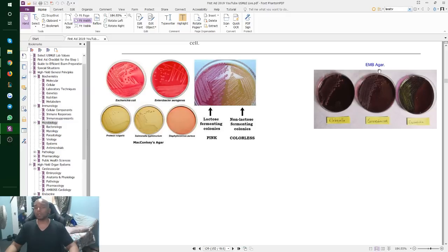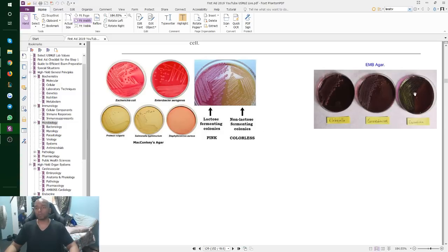And then here you have EMB agar, which is literally specific for E. coli. Of all three of them, the one that looks different is E. coli. E. coli gets that metallic green sheen that they were talking about. That's your metallic green right there. The one in the middle is Enterobacter, and this one over here is Klebsiella. They did not make the agar green or make green colonies.